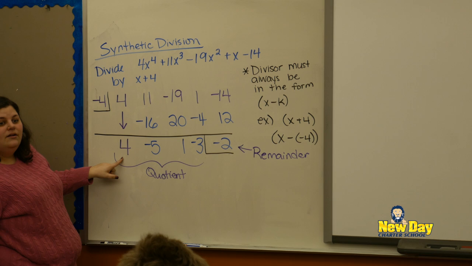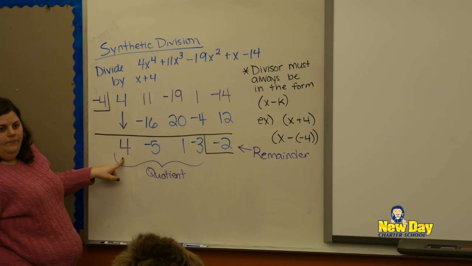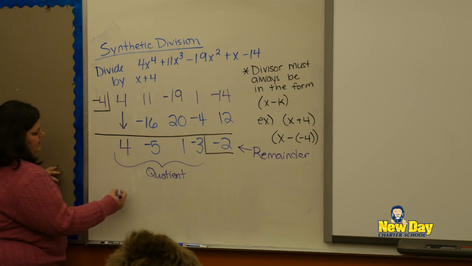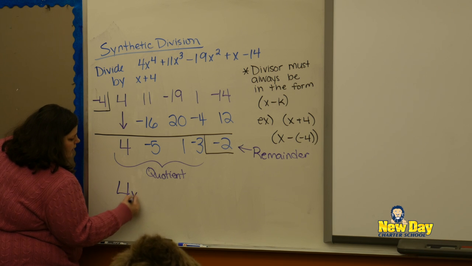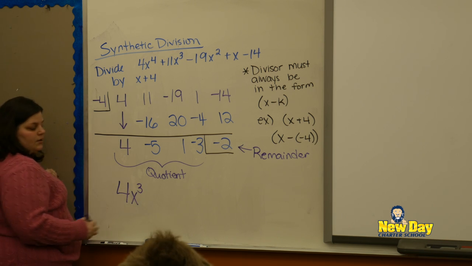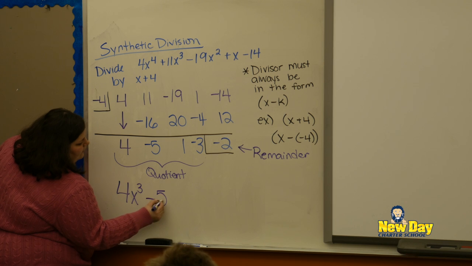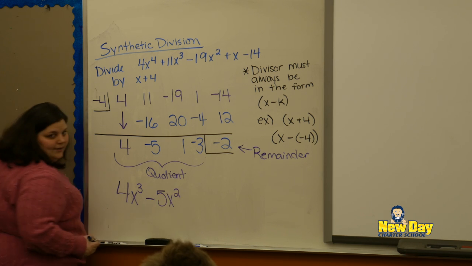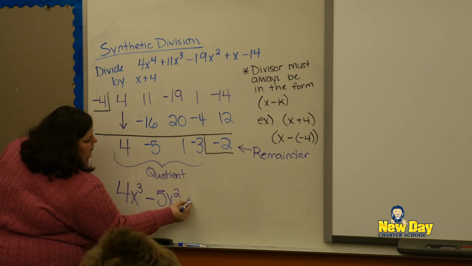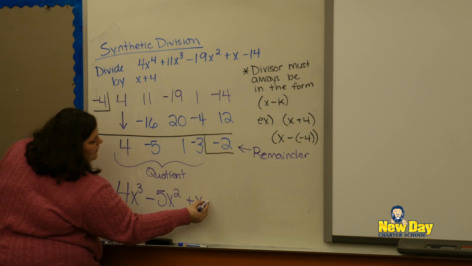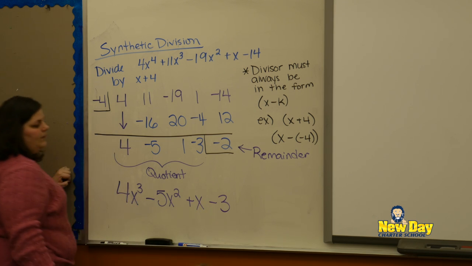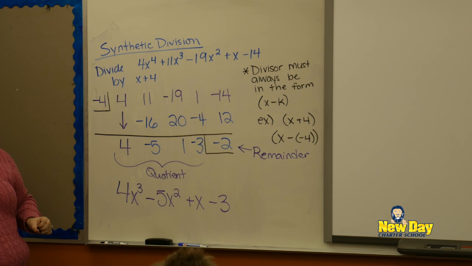This is going to start 1 less. So 3. So this is going to be 4x cubed minus 5x squared plus x minus 3, and then your remainder.